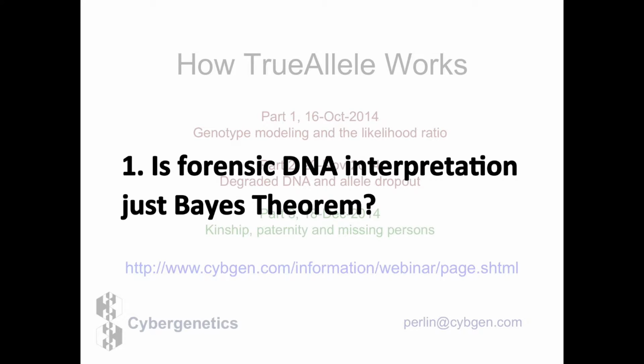The first question is, is forensic DNA interpretation just Bayes? That's a useful way of looking at it. If the task is to arrive at some match statistic, then that can be broken down into two turns of Bayes' theorem, where first the full Bayes' theorem is used to infer genotypes from whatever data you have: mixtures, single source, kinship, and so on.